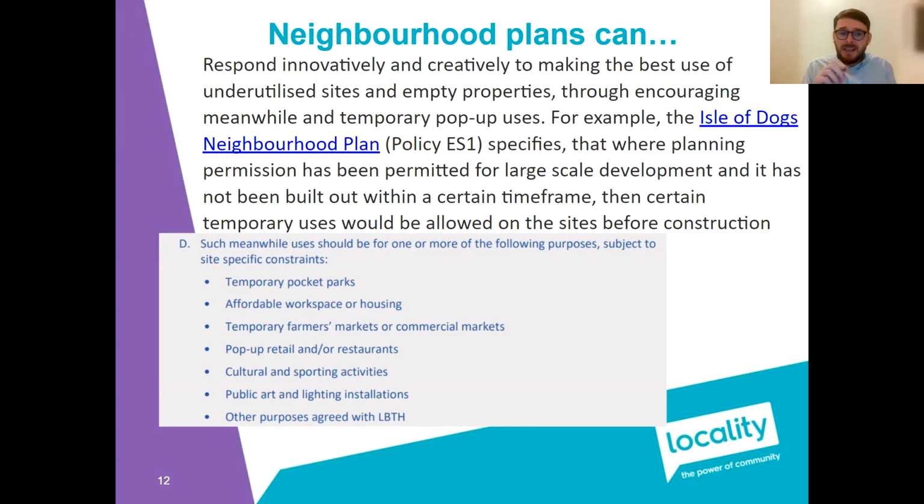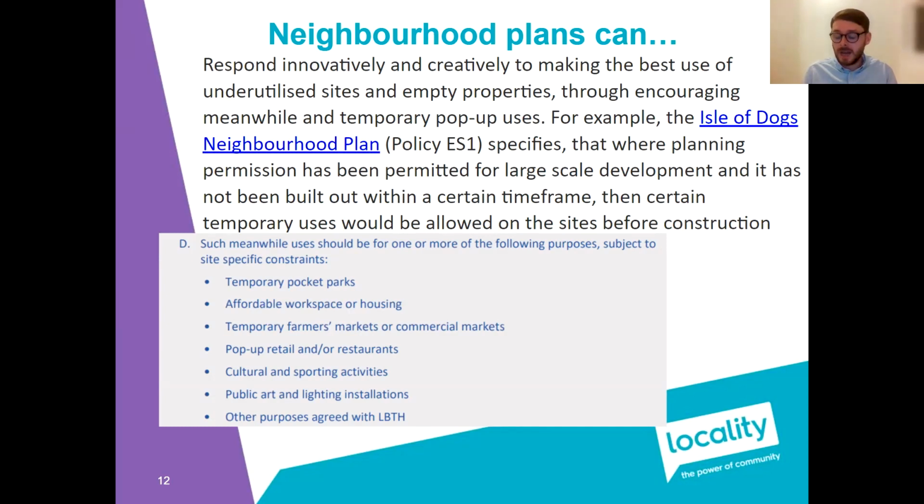And in the Out of Dogs plan, they actually specify in the policy the types of temporary and meanwhile uses that would be supported, which I think is really interesting. So temporary pocket parks, portable workspace, temporary farmers markets, pop-up retailers and restaurants, cultural and sporting facilities and activities, public art and lighting installations.